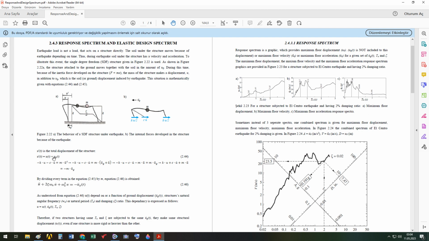But it is the maximum, not at an arbitrary time. During the whole ground acceleration, all floor displacements are measured, or calculated from the measured values, and we obtain only the maximum value: maximum floor displacement, maximum floor velocity, and maximum floor acceleration. So the response spectra is this.